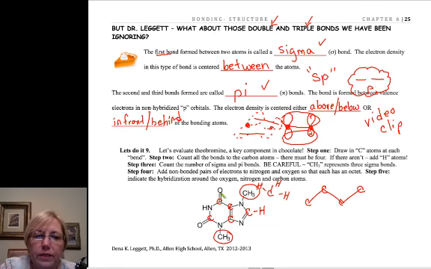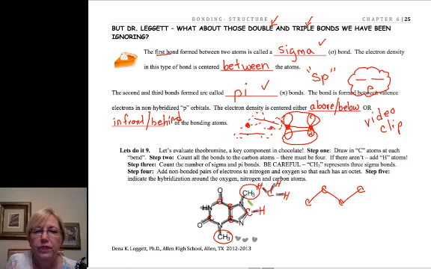First bond formed, so there's 1, 2, 3, one between the nitrogen and the hydrogen, 4, 5, 6, 7, remember 8, 9, 10, one to each of those hydrogens, 11, 12, 13, 14, 15, 16, 17, 18, 19, 20, 21, 22.